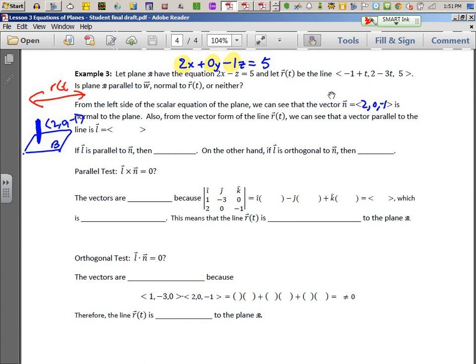We just want to know, remember the question was, is the red vector parallel to the blue plane, which can now be reinterpreted as, is the flagpole perpendicular to R of t? Because if it is, that means the plane will be parallel to R of t.